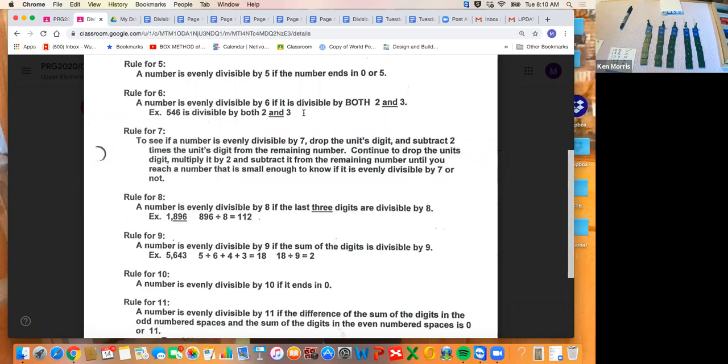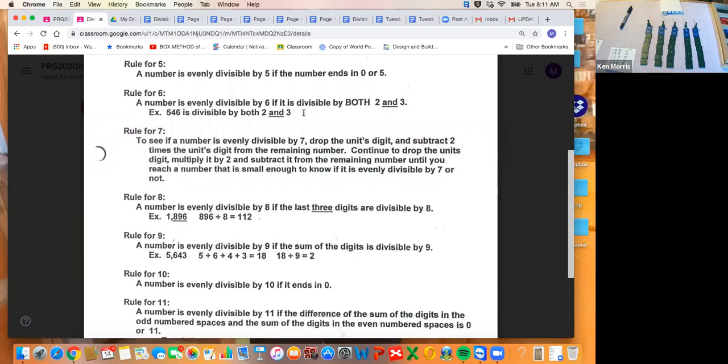On a number, you have to test whether it's divisible by 2. And if it is divisible by 2, you must test to see if it's divisible by 3. And only if it's divisible by both is it then divisible by 6. So you have to do 2 tests. If the first test comes out negative, you're done, okay?